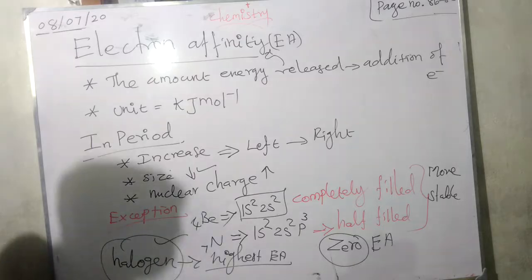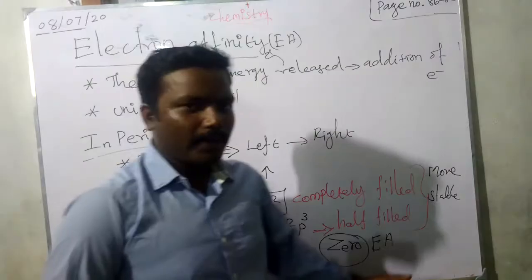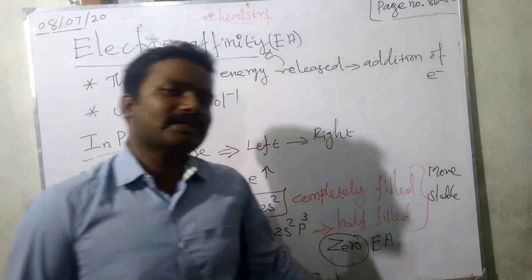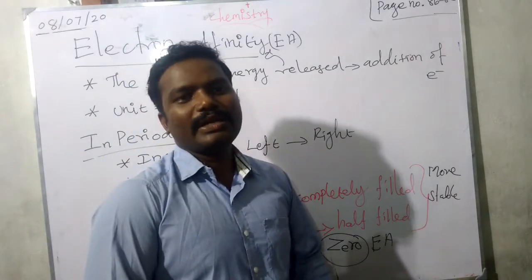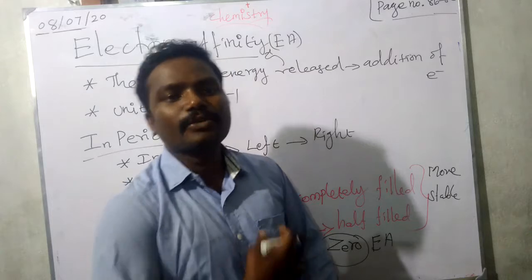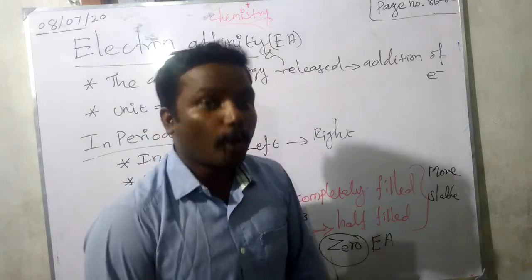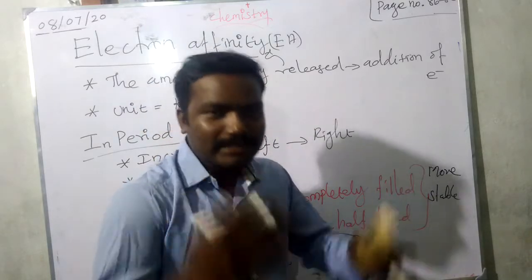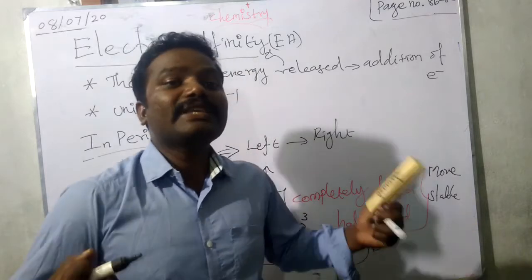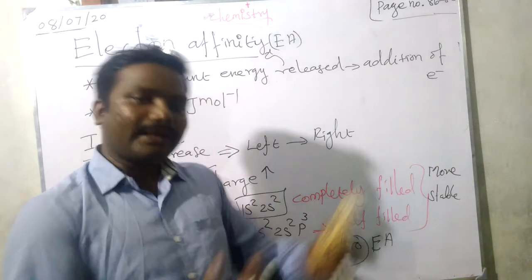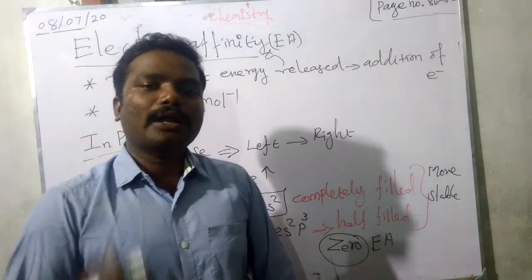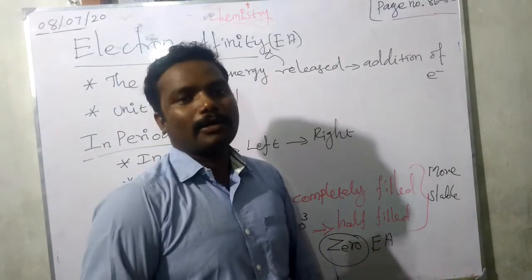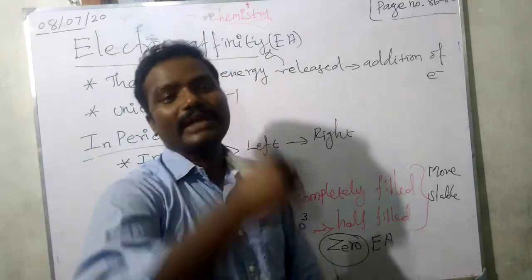Okay, my dear students. Now you can remember what happens with noble gases. Will noble gases attract electrons or release electrons? See, usually it is not easy to remove an electron. We have to supply more energy to remove an electron. In the same way, they will not have any tendency to attract an electron. So if you try to push or add an electron, you have to give energy.